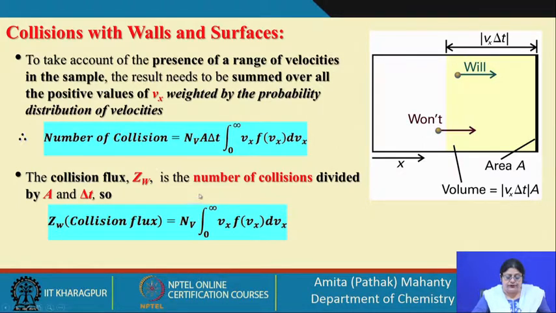Collision flux is going to be number of collisions divided by A and delta t. Okay. So, let us see what the collision flux is going to be. If this is the number of collisions, then divided by A delta t. So, this is the collision flux which we are getting.